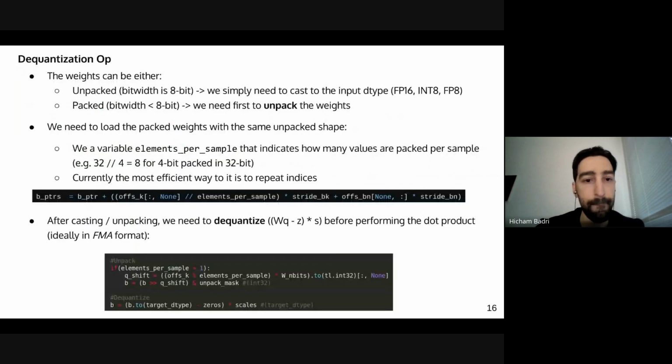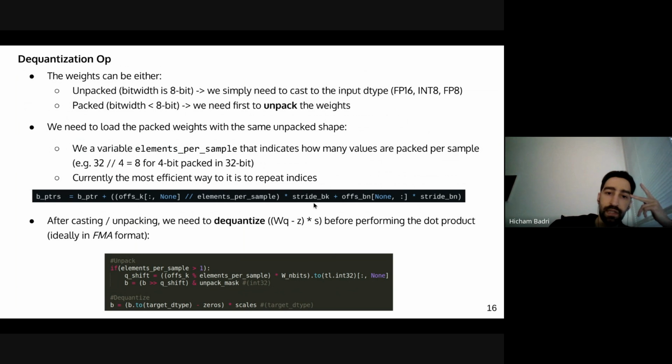All right, I already talked about this. This is just a trick to load these blocks. One trick is you play with these offsets. The other way of doing it is that you actually load the packed block and then you duplicate it, which is usually slower.